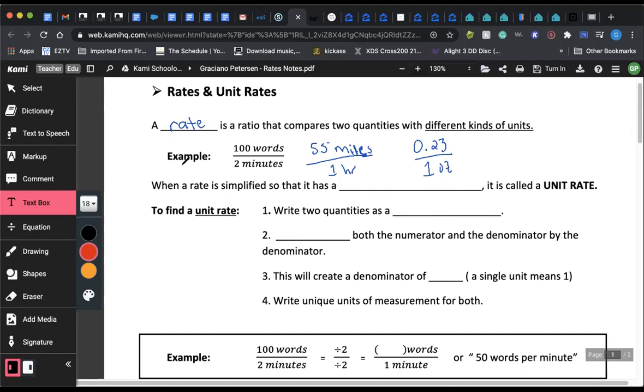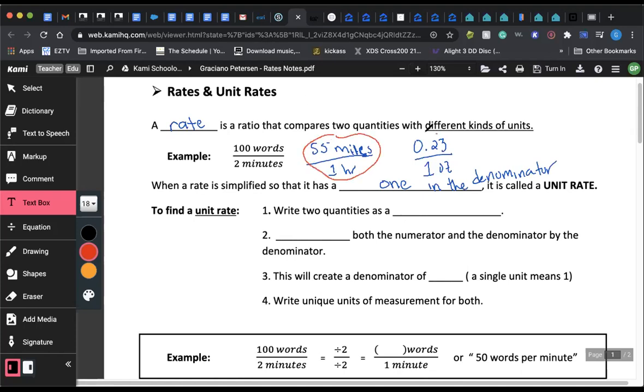And then this next one says when a rate is simplified so that it has a 1, right? So I'm going to clarify that it should say it has a 1 in the denominator. So like in these two examples here, which I will circle in a different color, right?